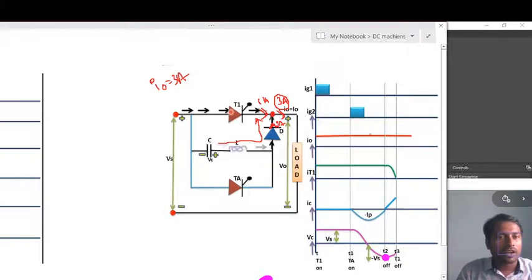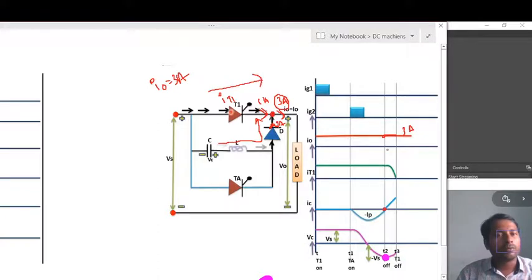After this point, the output current is constant, because 3 amps is constant. In the previous case, the output current of 3 amps came from the supply, but now the capacitor current is also added, so the supply current will be reduced, and the supply current being reduced is nothing but the current through thyristor 1.